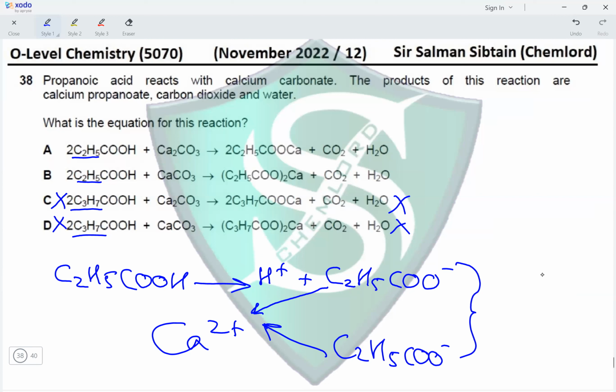So the formula of calcium propanoate would be (C2H5COO)2Ca. So if we look at option A, we don't have this option present because there is only 1 mole of C2H5COO minus, whereas the entire salt has 2 moles present. So option A is incorrect, but option B has this exact same salt present. So option B is the correct option for this question.